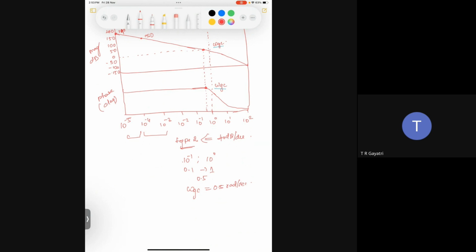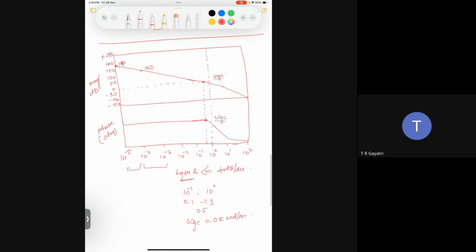Then the phase crossover frequency, how will you calculate it? It corresponds to minus 180 degree phase. Gain margin occurs at minus 180 degree, right?